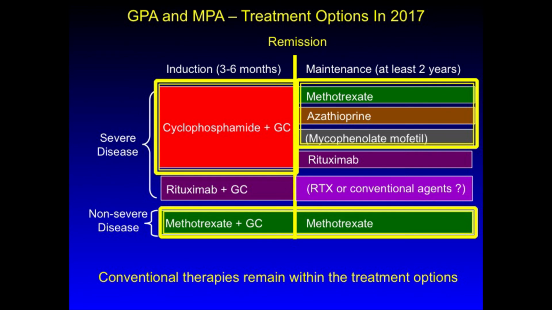What are the possible approaches that we have? Well, we could use rituximab for 18 months and then stop and retreat if relapse occurs. We could continue rituximab every 6 months, but that begs the question, how long will we continue that? We could try and lengthen out infusions. Again, no experience from a trial basis for that. We're also reflecting on the data as far as retreatment based upon ANCA and CD19, or the question about whether there is even a role for a conventional agent after 2 years of rituximab maintenance.